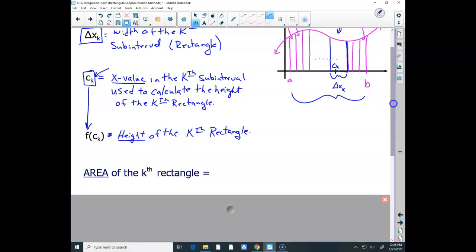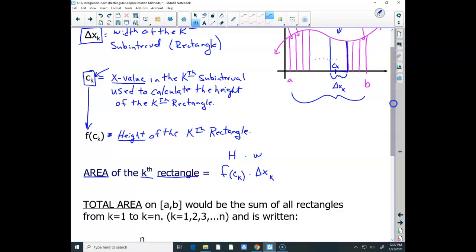The area of the kth rectangle is f of c sub k, which is my height, times my delta x sub k, my width. So height times width gives me the area of that kth rectangle. And that area, oddly enough, is going to approximate the area of that subinterval.